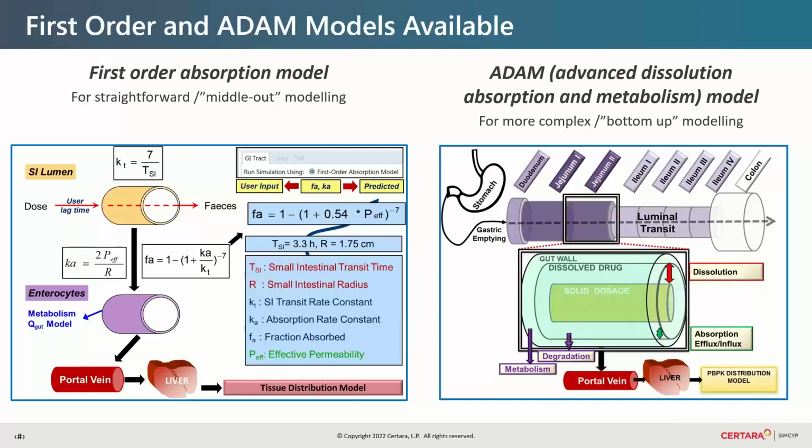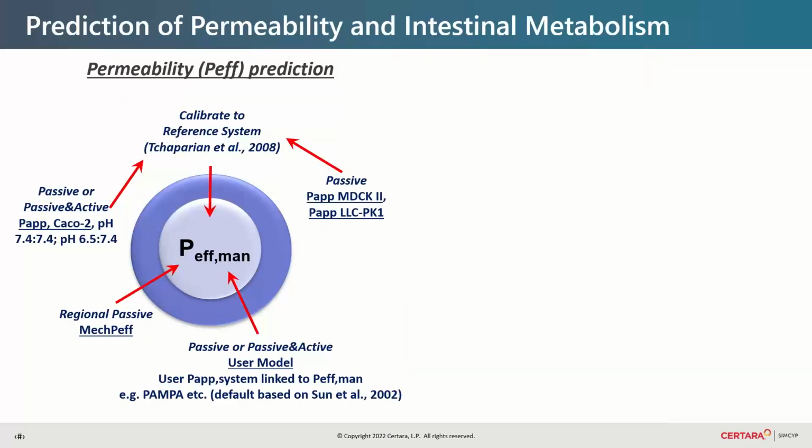Once the drug's absorbed, it will pass into the intestine tissue, where there can be metabolism. It will pass into the portal vein through the liver, and then into the rest of the body. So those are the two main absorption models available.